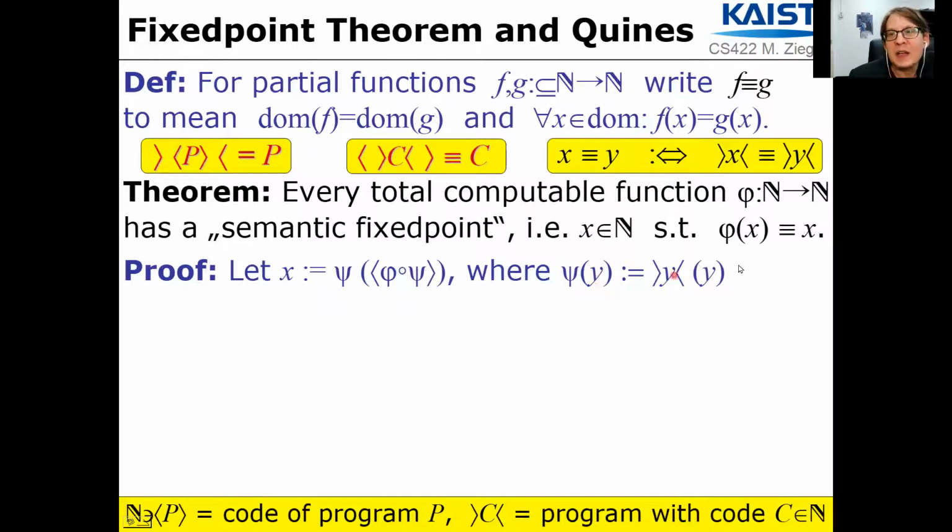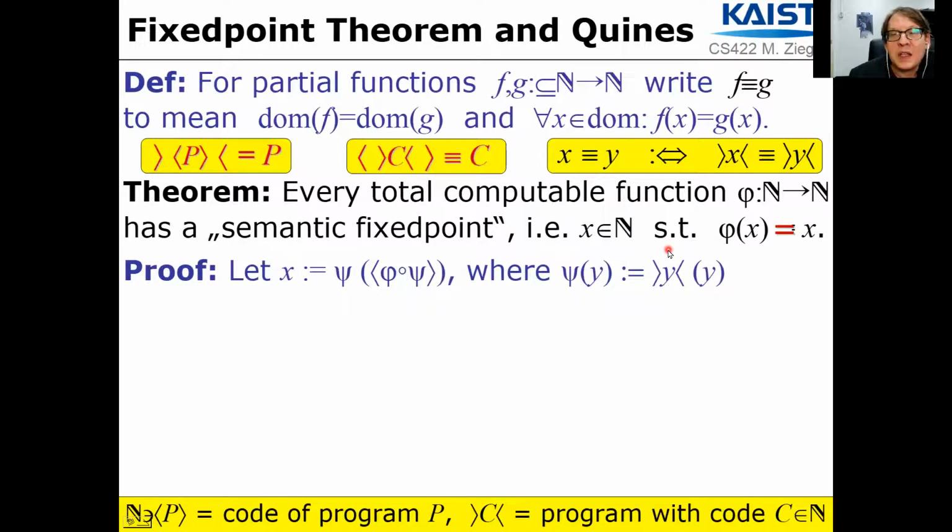So if it's defined, then this is all good. But if y, the code of phi after psi, is undefined for psi, which we have no idea of knowing, right? Of course, it's also abstract. What then?